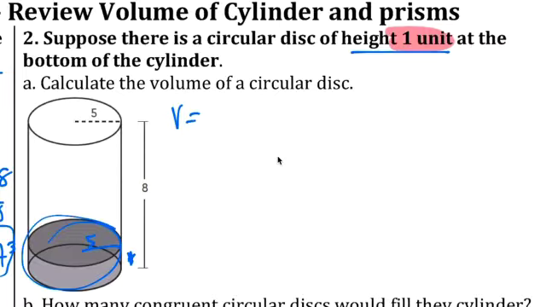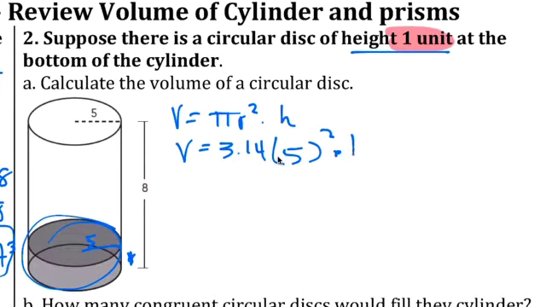Volume is pi r squared times height, 3.14 times radius, which is 5 squared, times height. Height is the unknown that we need to find. So we get volume equals 3.14 times 25 times the height.